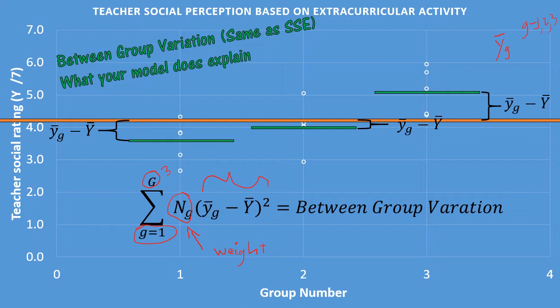That weights the term in the variation so that it's representative of how much data is in each group. All right, so that's how you calculate your between group variation. Now, that's the SSE. We've looked at the SST part of it. The last one, which correlates with the SSR in linear regression, is the SSR. So let's take a look at that.